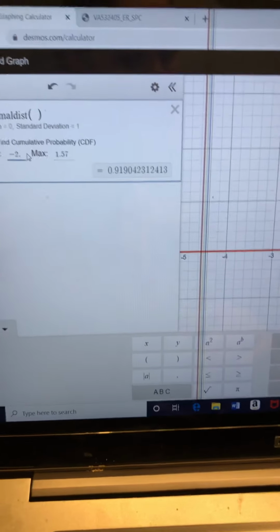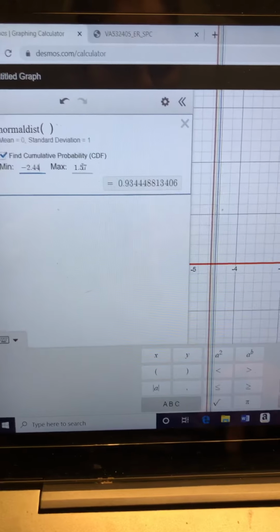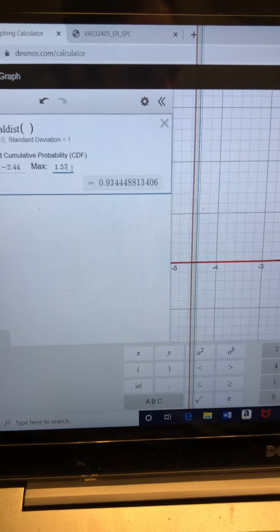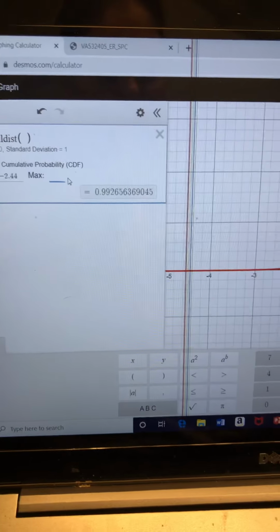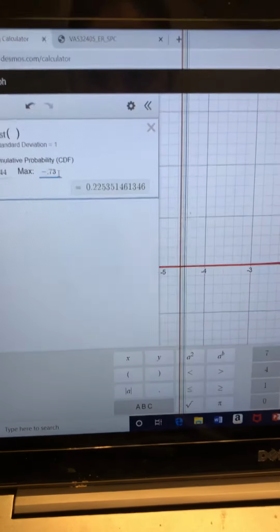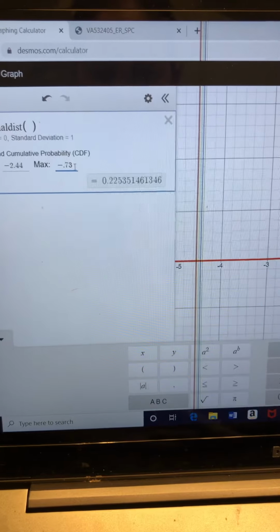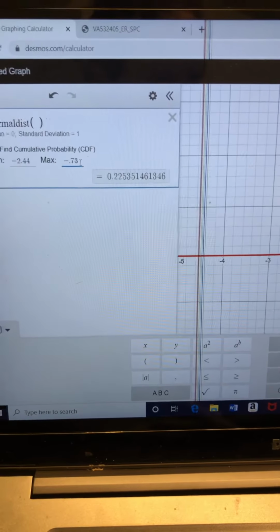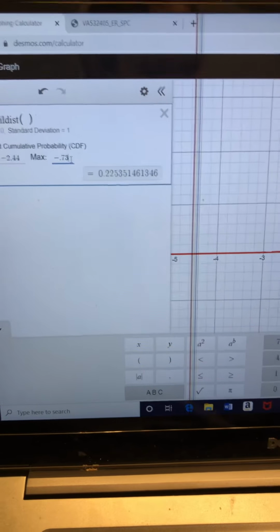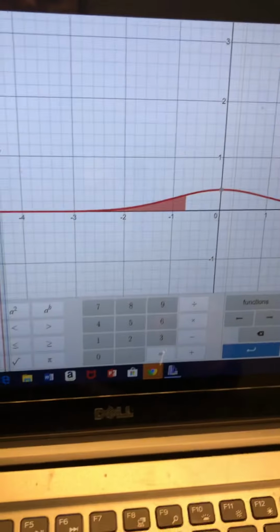So negative 2.44, and my max is negative 0.73, and that gives me 0.2254. And then there's my graph as well.